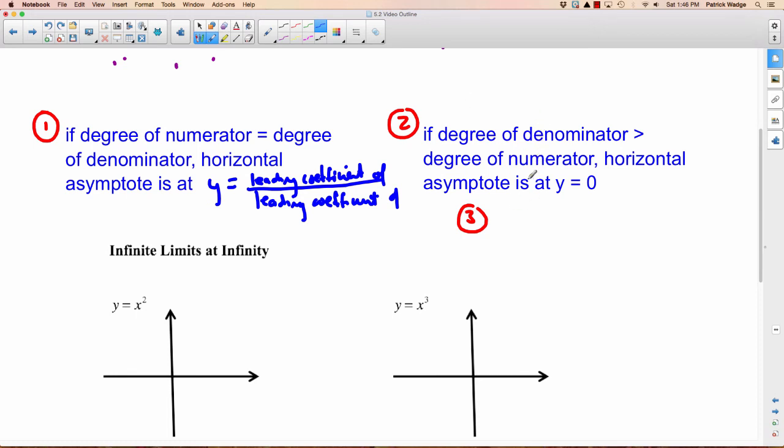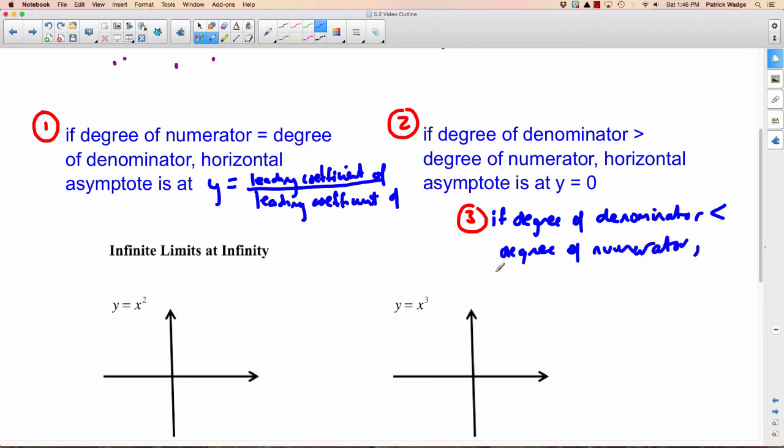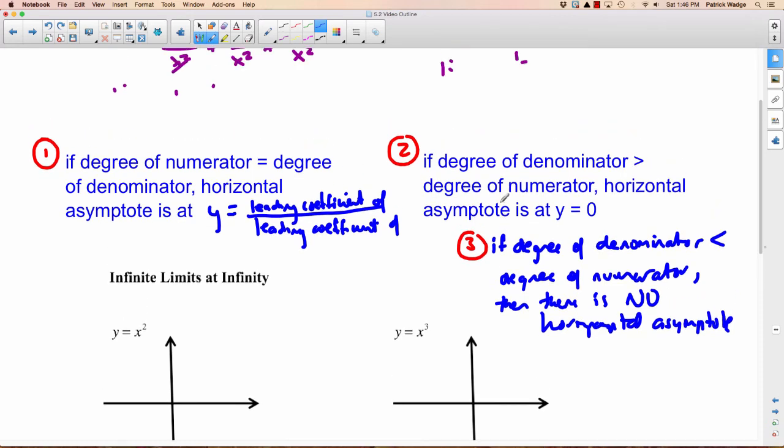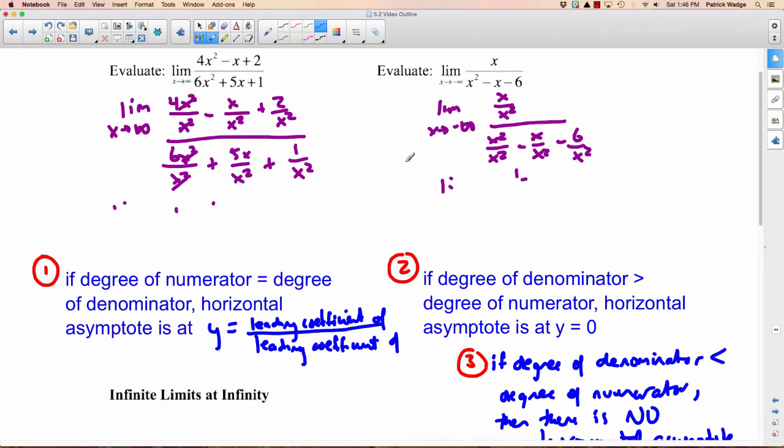So the third case must be if the degree of the denominator is less than the degree of the numerator, then there is no horizontal asymptote. So, yikes, what a mess, horizontal asymptote. So those are the three possibilities when you have these rational functions and you're looking for horizontal asymptotes.